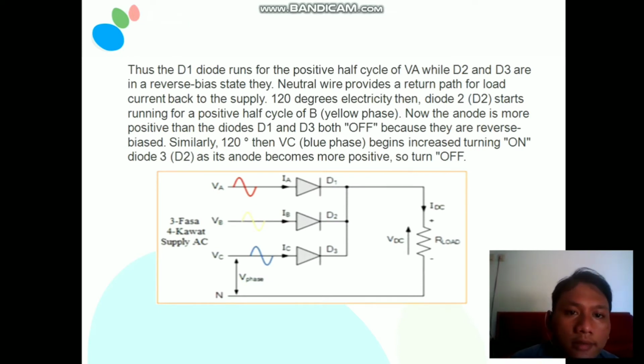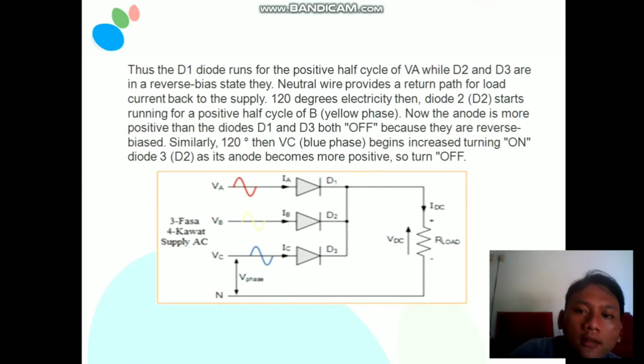So the D1 diode runs for the positive half cycle of VA, while D2 and D3 are in reverse bias state. The neutral wire provides a return path for load current back to the supply.